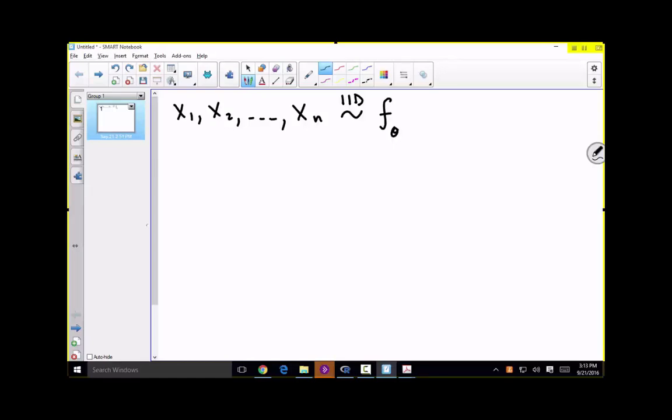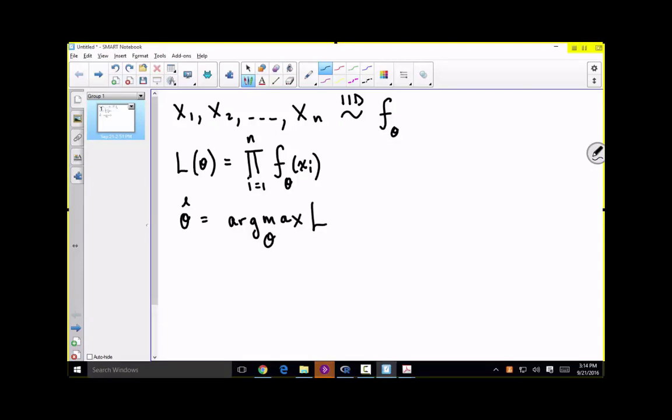For example, we could say f theta is the normal distribution with mean mu and maybe a fixed known variance. Maybe it's a single parameter. Then the likelihood, a function of the parameters, is defined as the product of the PDFs evaluated at each xi. And then the maximum likelihood estimator, theta hat, is the value of theta that maximizes the likelihood.